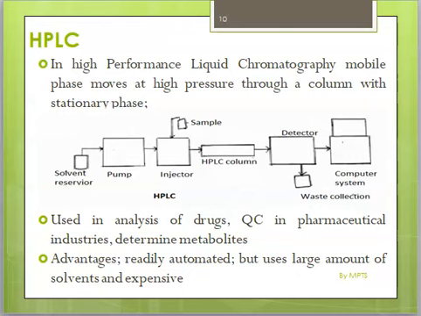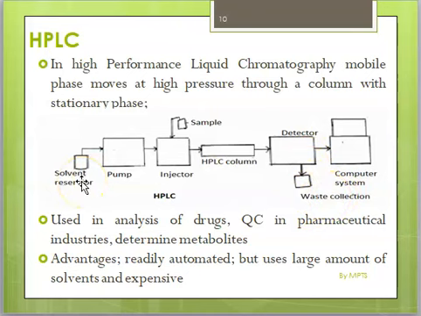HPLC, high performance liquid chromatography. Here the mobile phase is liquid but moves through the column at high pressure. This is the common one in the pharmaceutical industry and is automated. You have the solvent reservoir, the pump, the injector, the sample, the column, the detector, and the computer system. This is the waste collection.